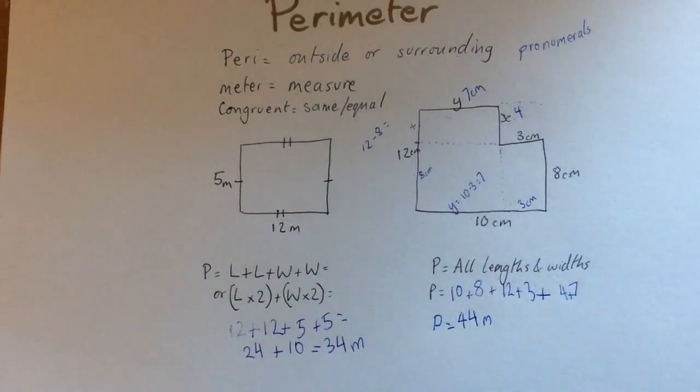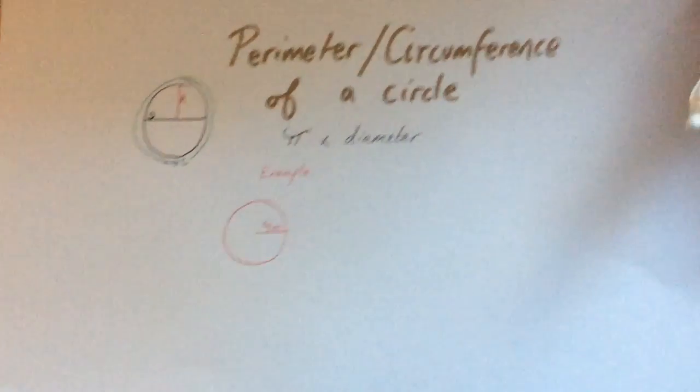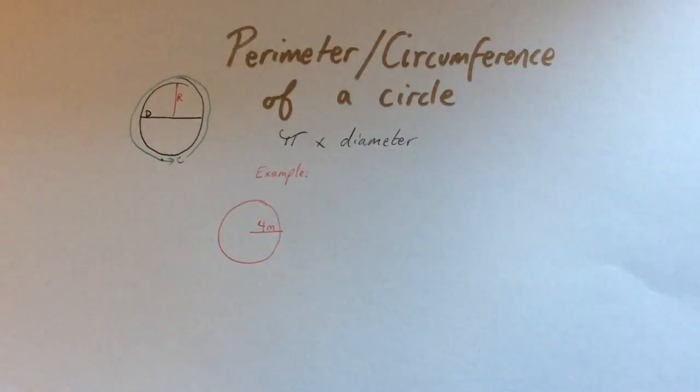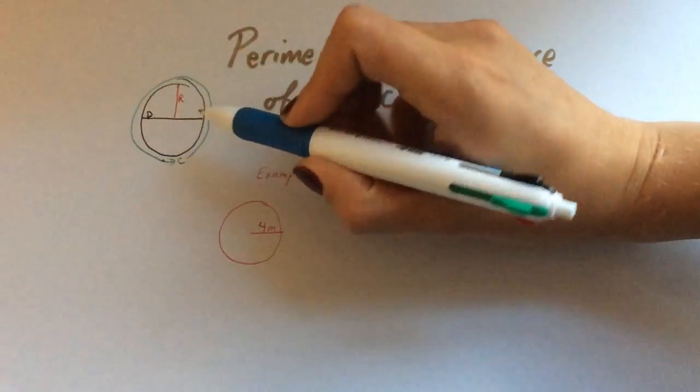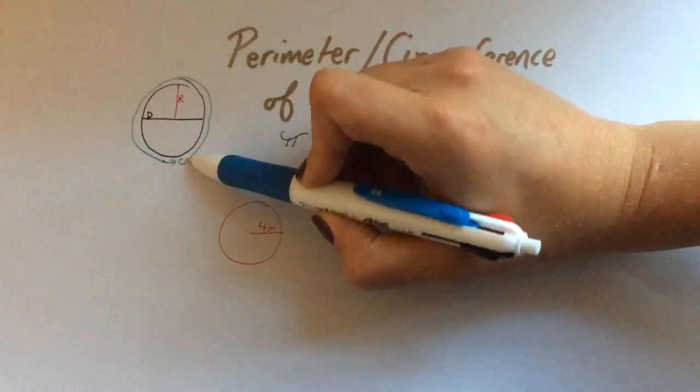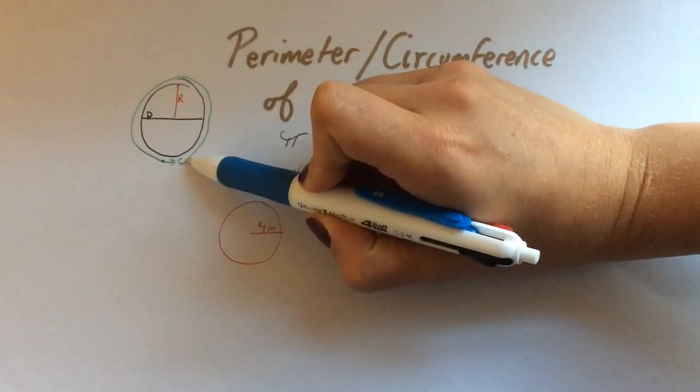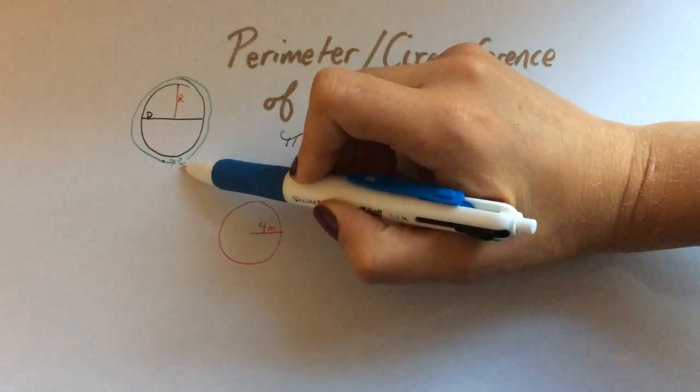There's one last perimeter example that I wanted to give you, and it is finding the perimeter of a circle. There's actually a specific name for it, and it's called the circumference. I've got my circle here, and this green line where I've got C is representing the circumference.